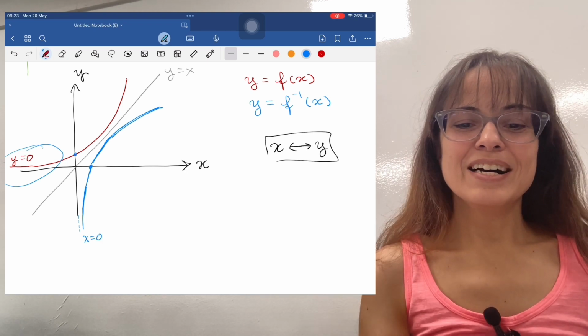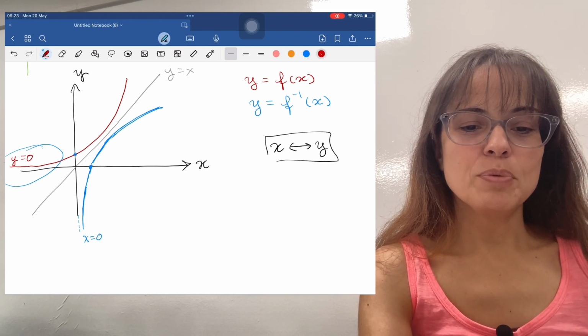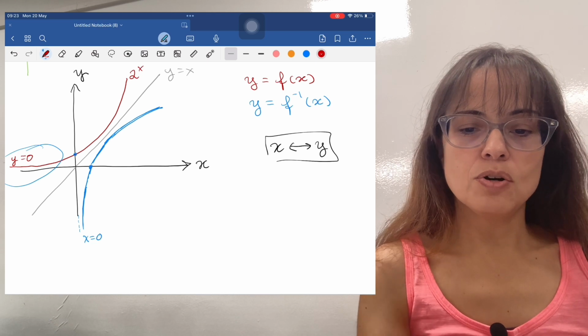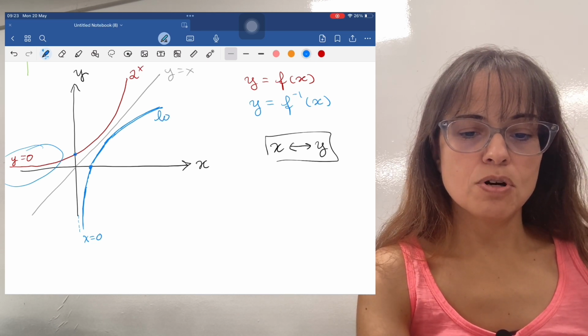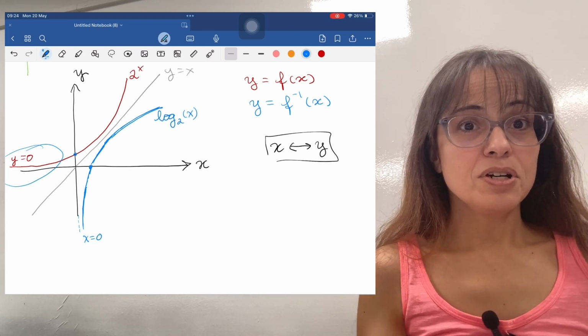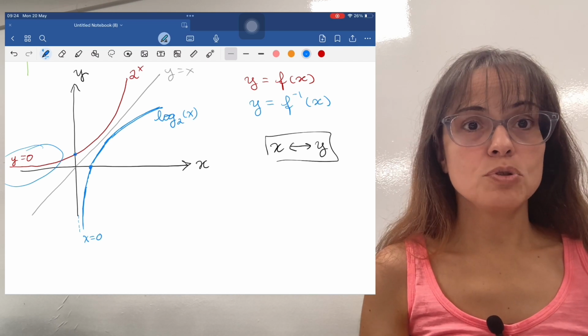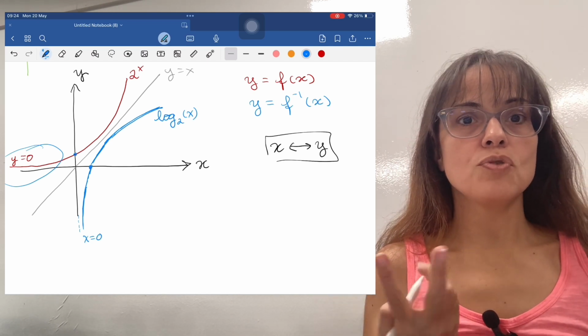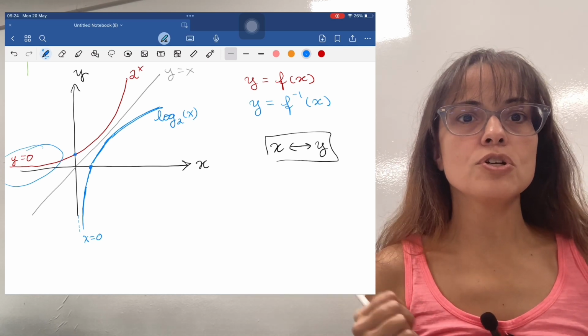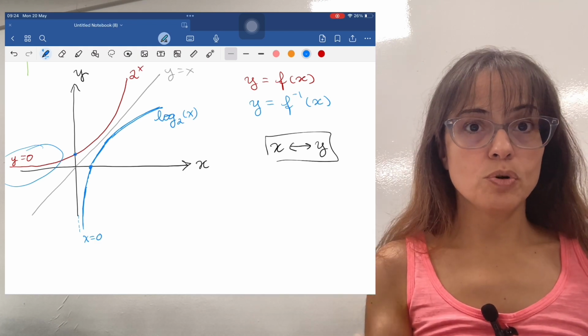Of course, if you already know that I am talking about exponential function here, this is a logarithmic function down in the other one. That's where the vertical asymptote for the logarithmic functions comes from. It's from the fact that it's the inverse function of something that has a horizontal asymptote.